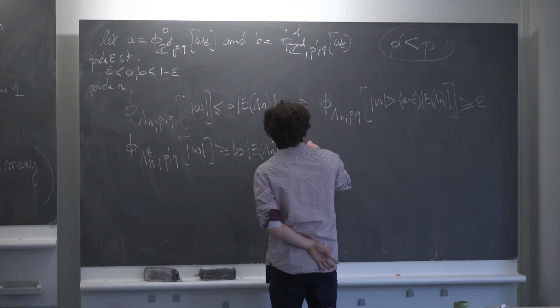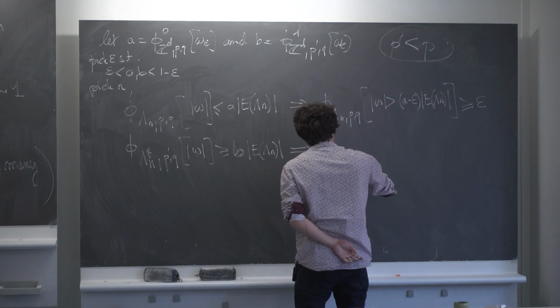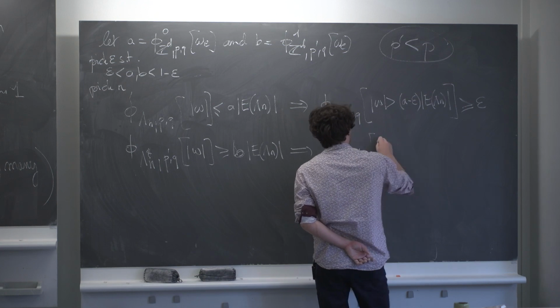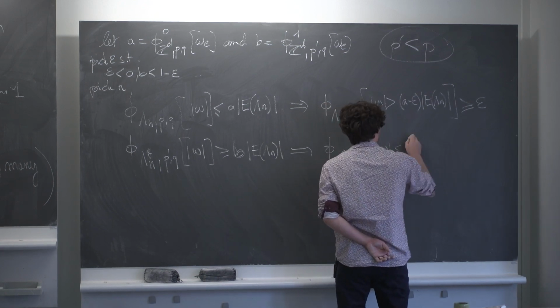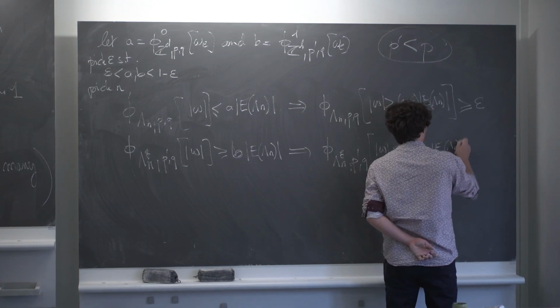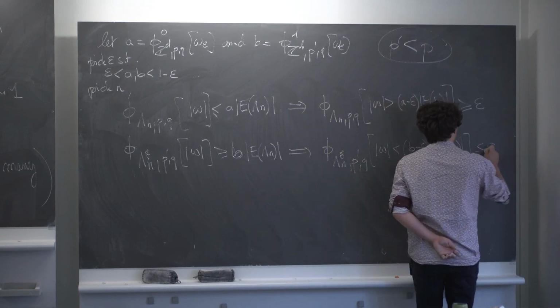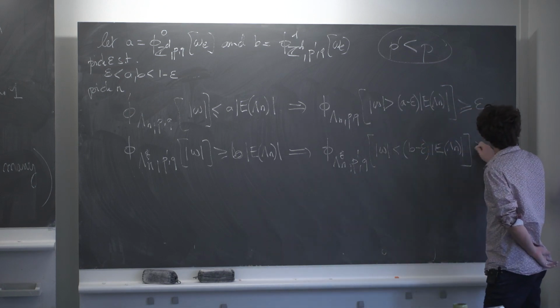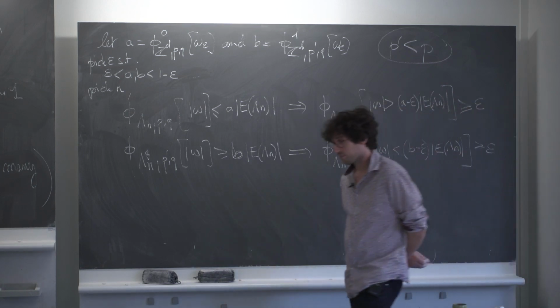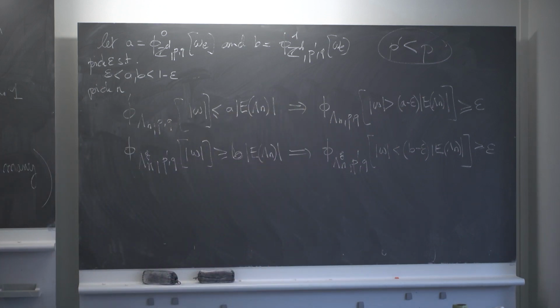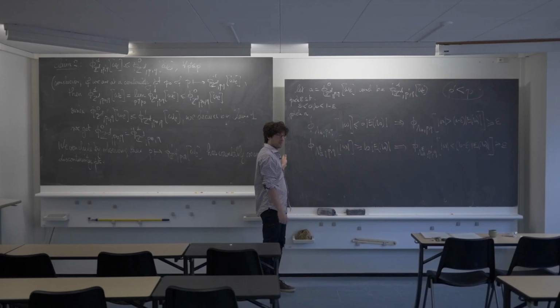And this implies that phi lambda n ghost p prime q of omega smaller than b minus epsilon e of lambda n is larger than epsilon. Sorry. Okay? So these are really two trivial inequalities involving the definition of A, B.